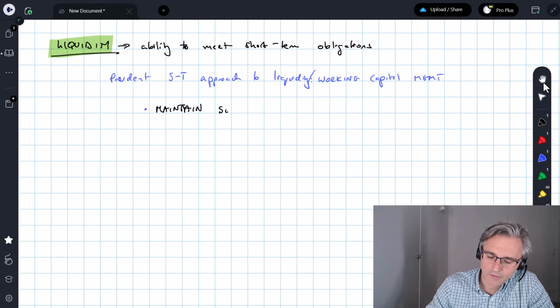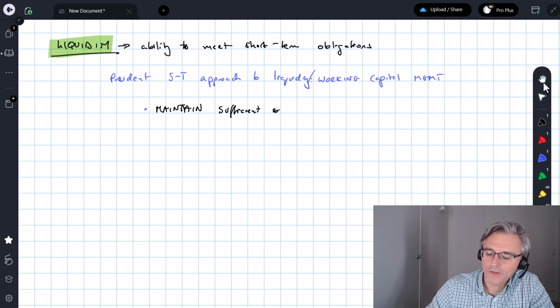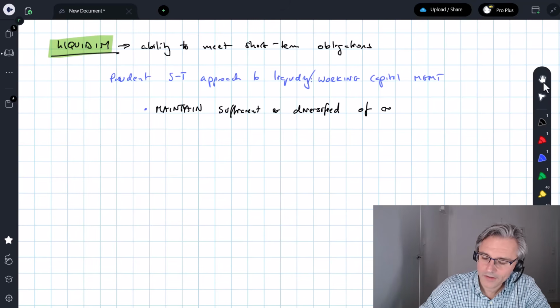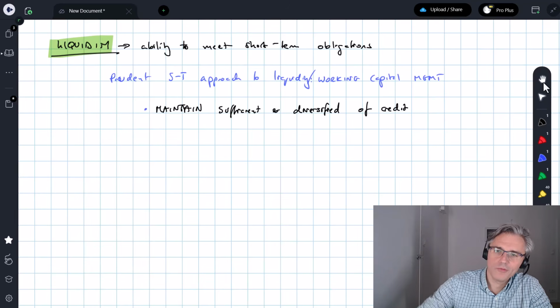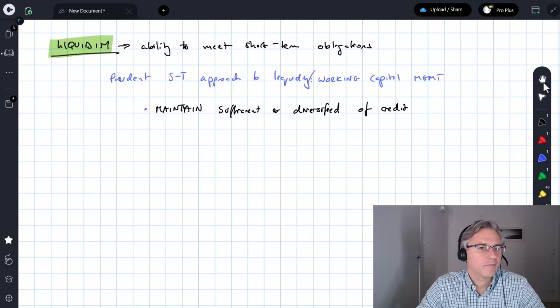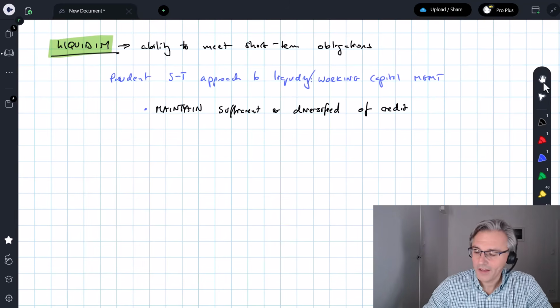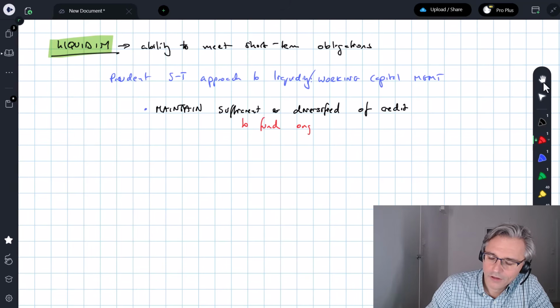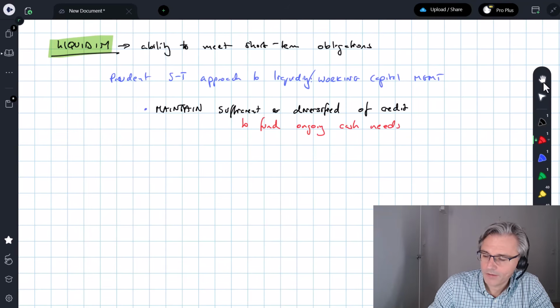Maintain sufficient but also diversified sources of credit. Don't borrow from just one place, right? So have some from your suppliers, some from a bank, maybe not a single bank, I don't know, in order to fund your ongoing cash needs, right?